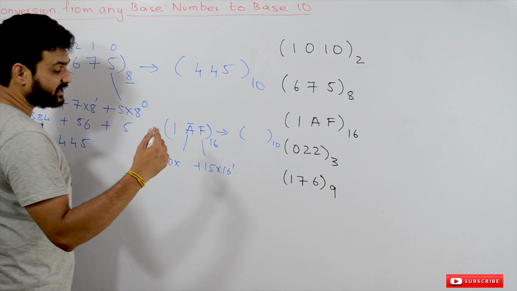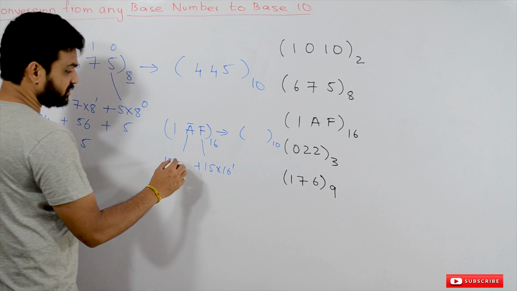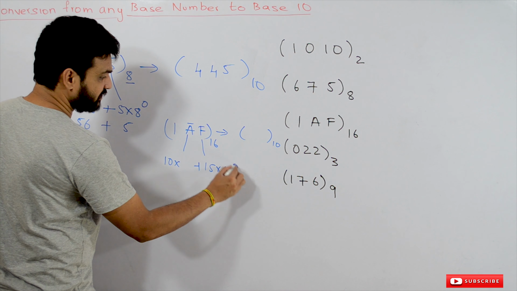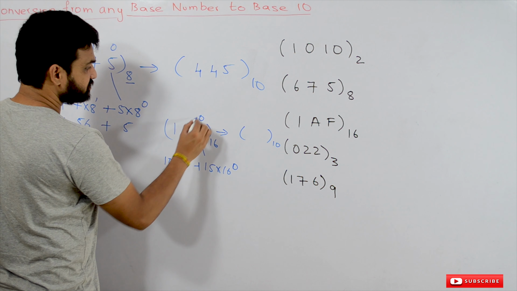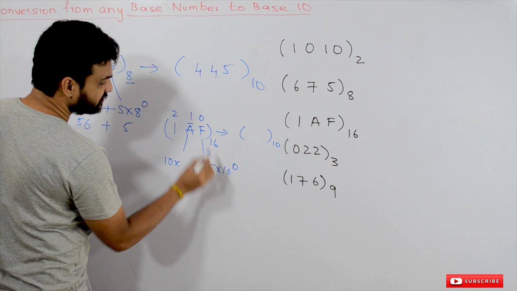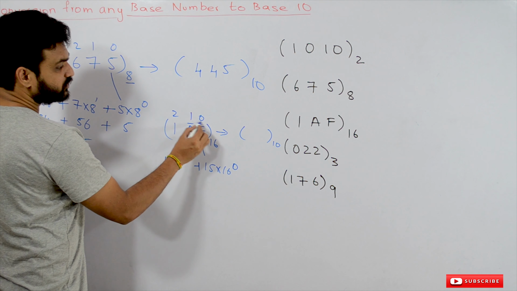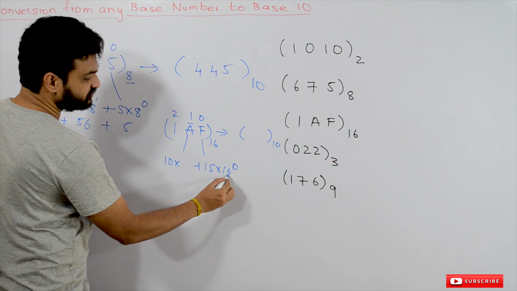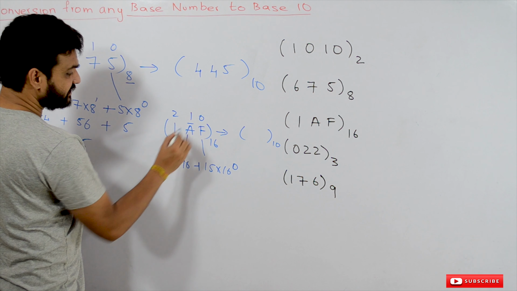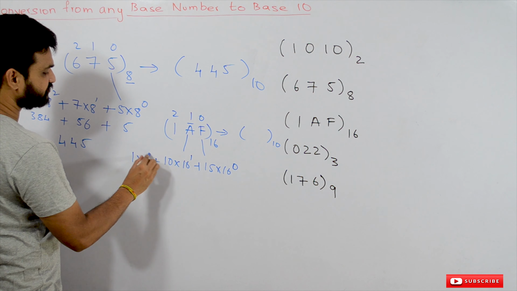Based on the assumption that you have already watched those videos, we are covering these concepts. The positions are 0, 1, 2. How to find the positional weight? It is the number into base power position. It is 15 into 16 power 0, 10 into 16 power 1, plus 1 into 16 square.